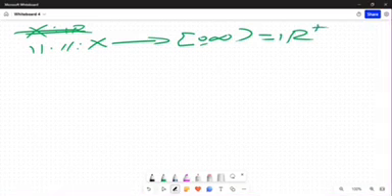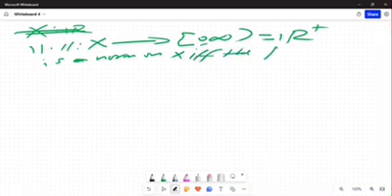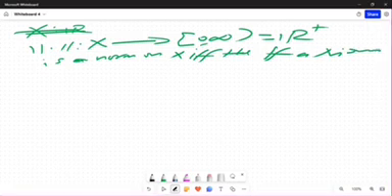So this is a norm on X if the following axioms are satisfied.